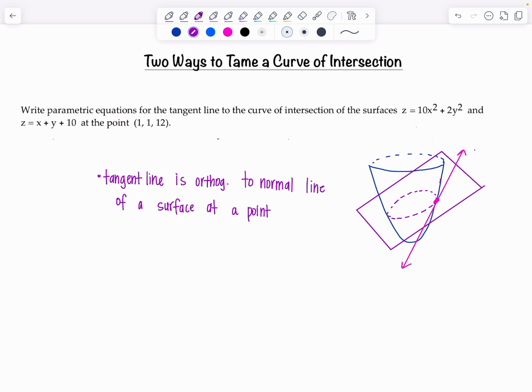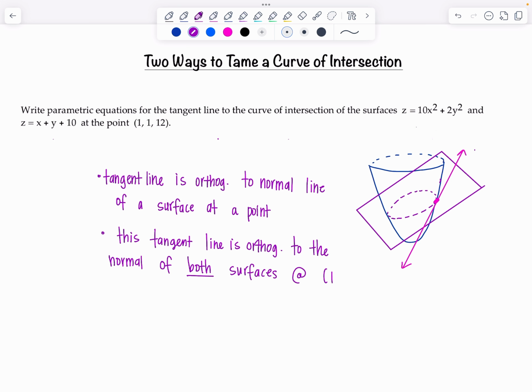That's the interesting thing. That means this particular tangent line is orthogonal to the normal of both surfaces at (1, 1, 12).